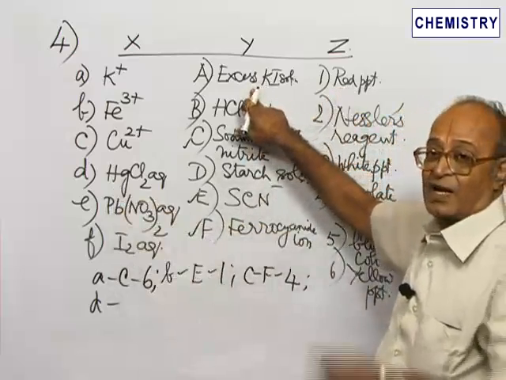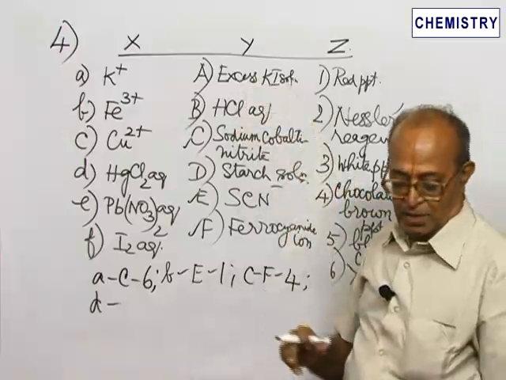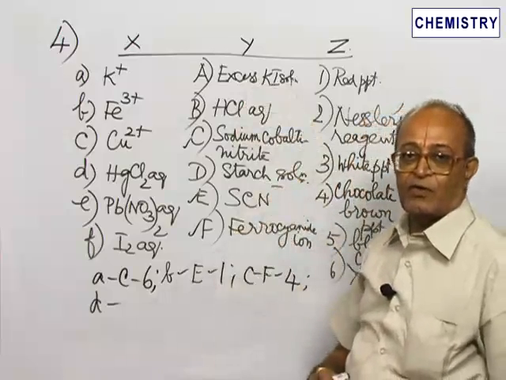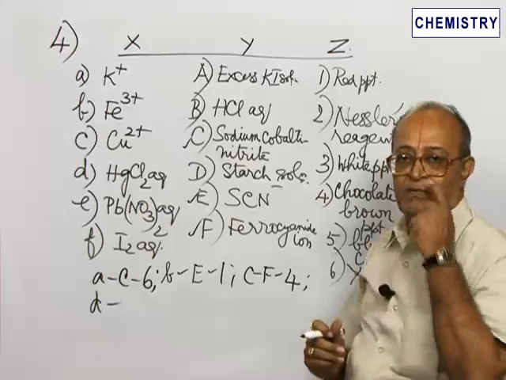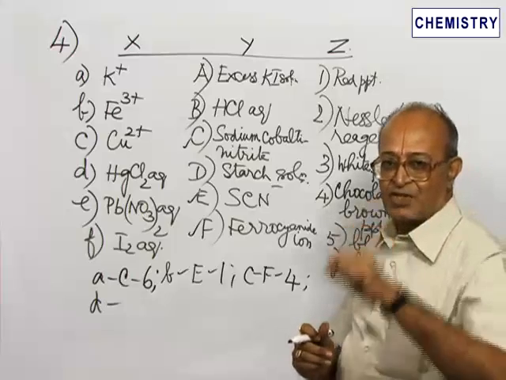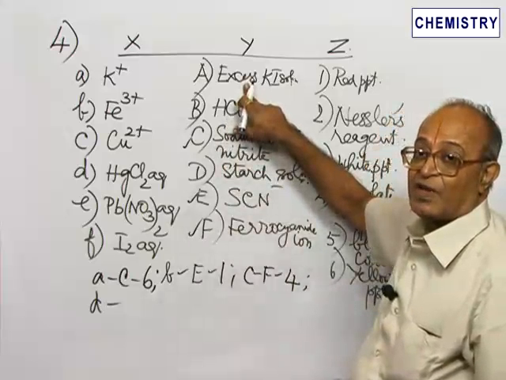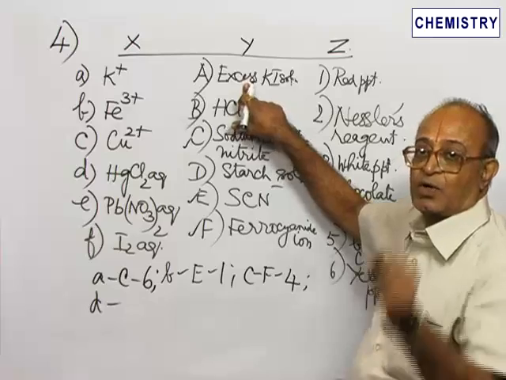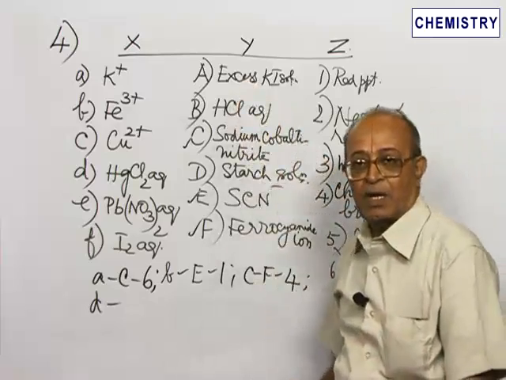Here it is given excess KI solution. That means HgCl2 plus KI will give, to start with, HgI2, red precipitate. But this HgI2 precipitate dissolves in excess of KI. That means the red precipitate will dissolve to give a clear solution.